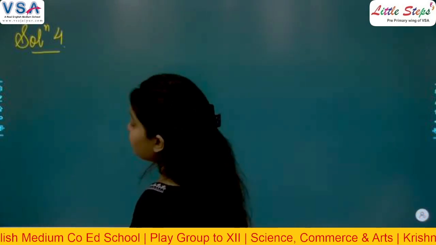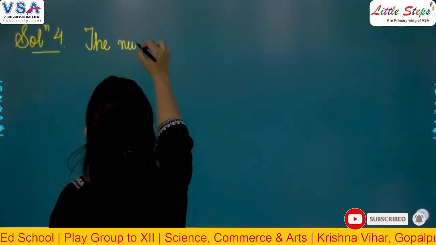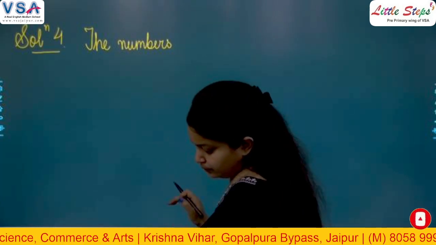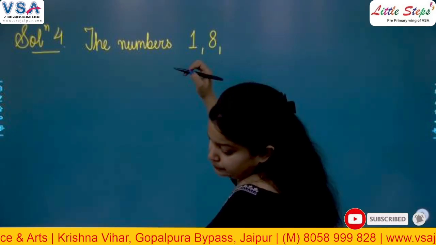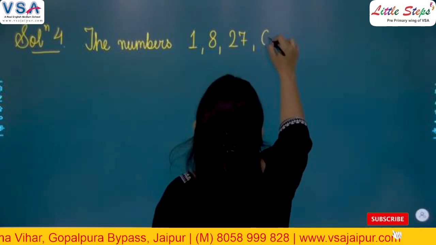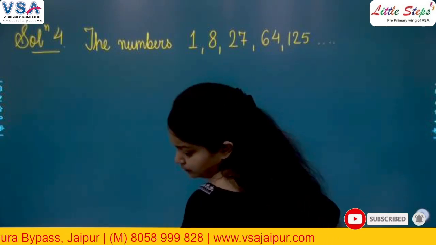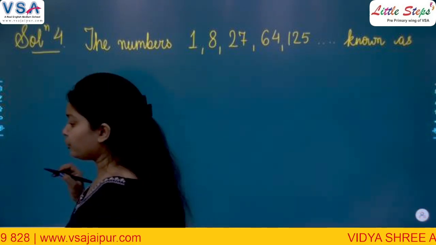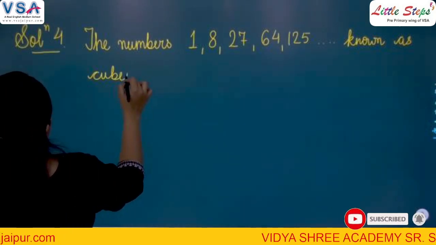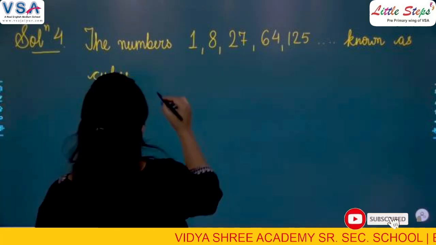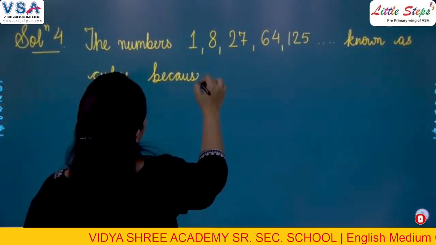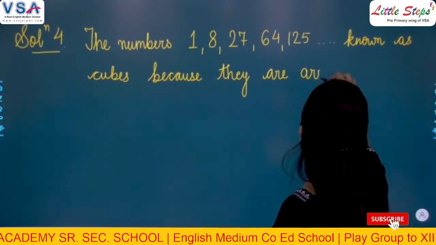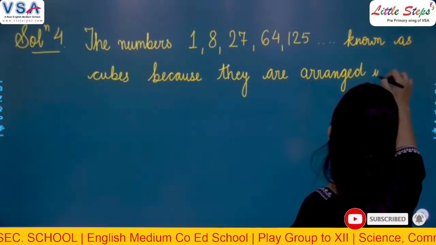The numbers 1, 8, 27, 64, 125 are known as cubes because they are arranged in the form of cubes.